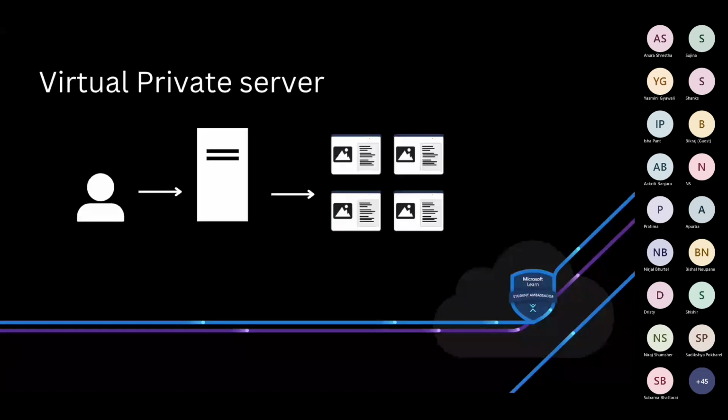In this virtual private server, as you can see, there is one physical machine. However, it runs various web applications and websites. This is because the physical machine is treated as sub virtual machines, which render these websites. Though there is only one single user, it can host many other websites.